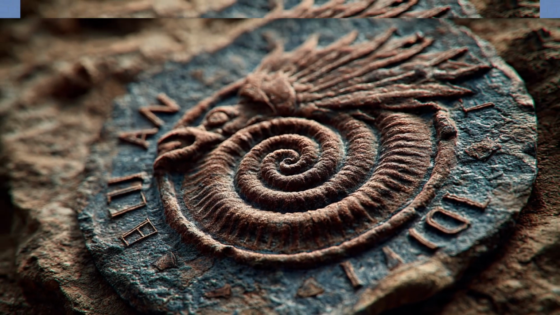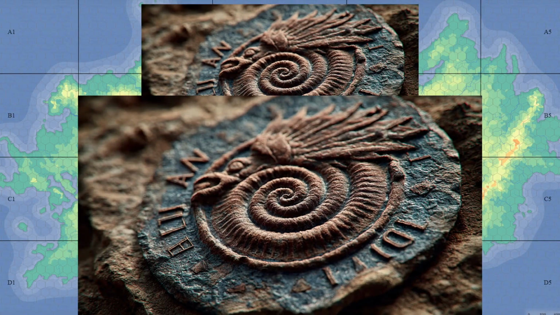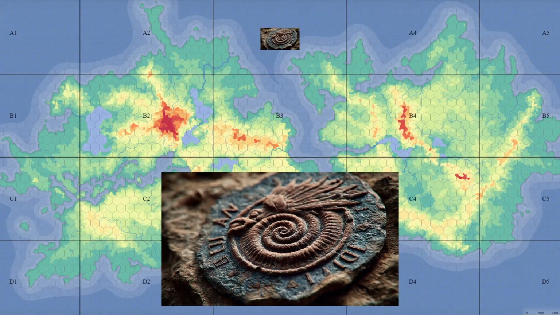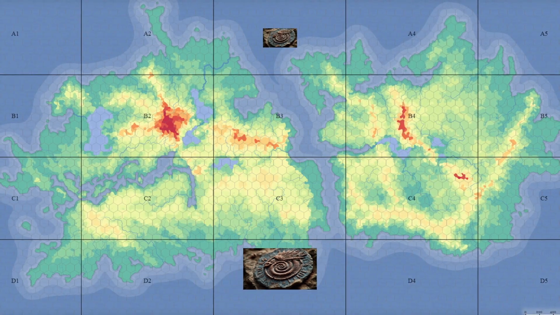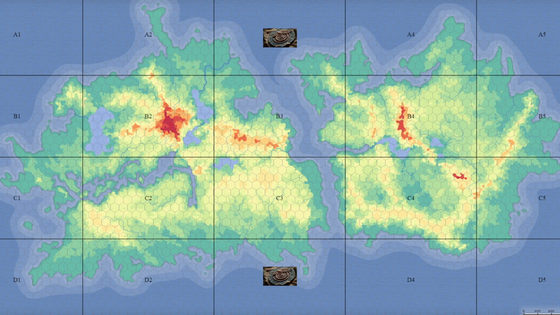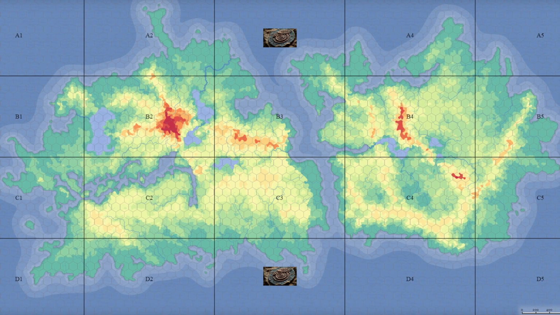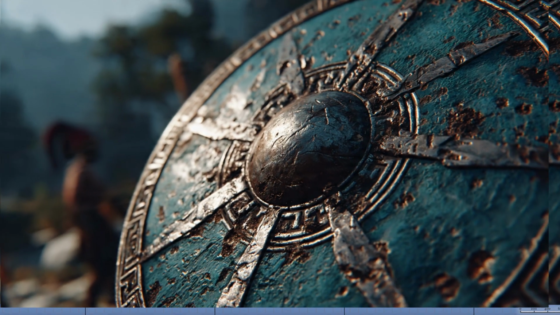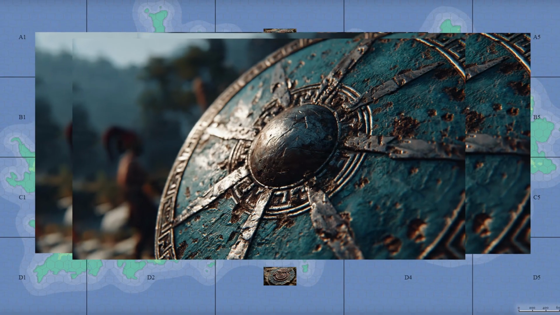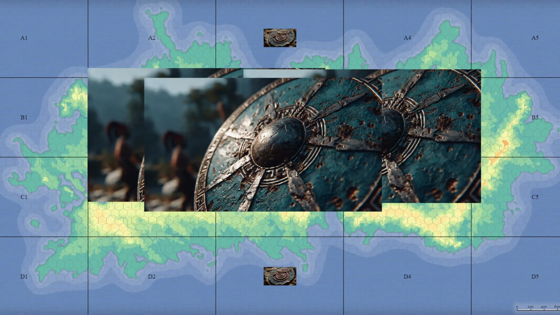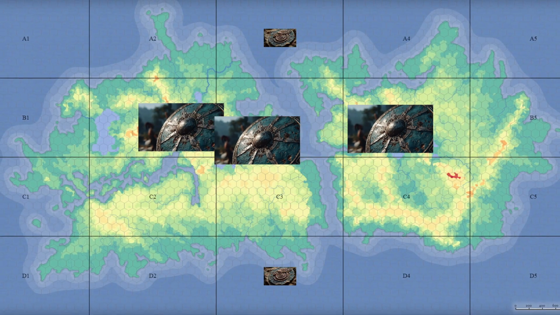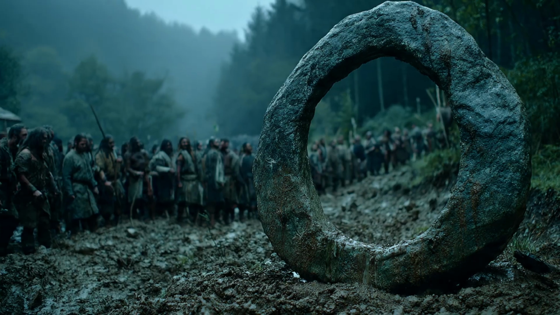First, planar influence. The bipolar weather ensures that vitality and stasis are physical forces carried by the trade winds. Second, balkanization. Those tectonic walls we built make global conquest physically impossible. Third, migration.